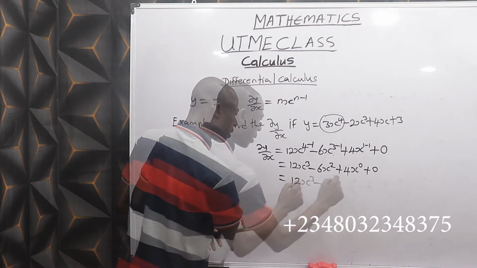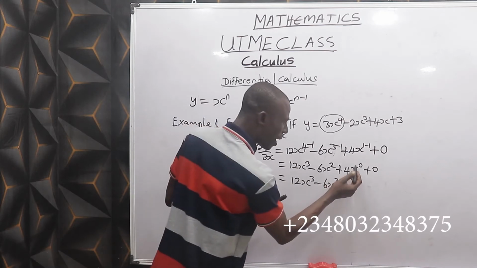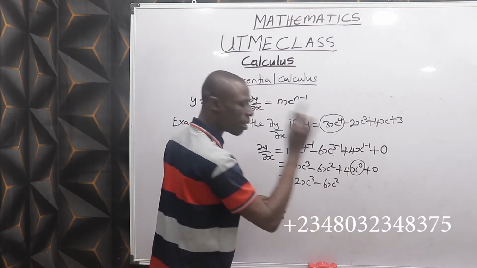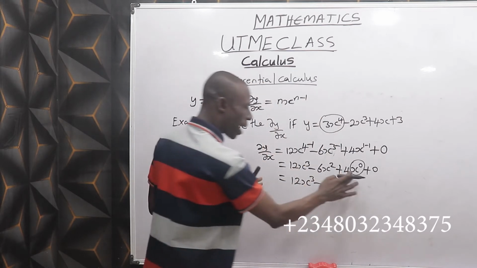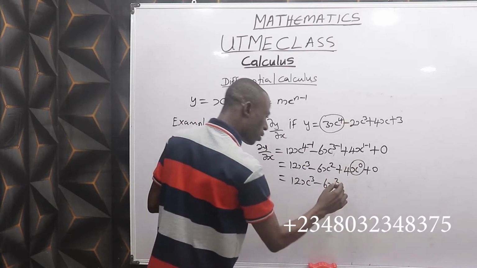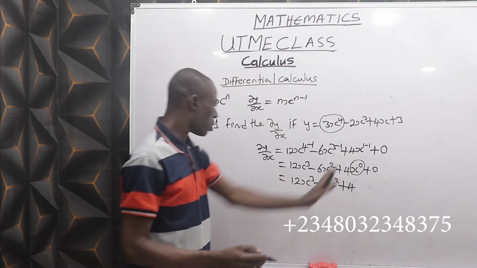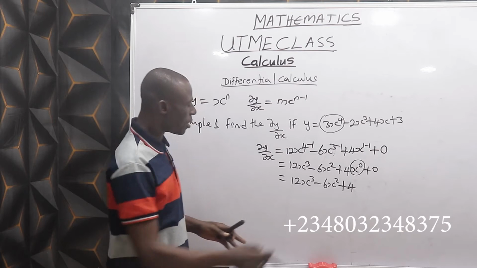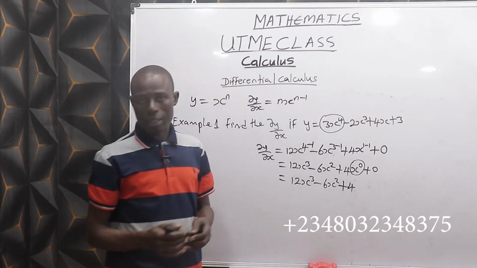And don't forget that in indices we say anything that is raised to power 0 is 1. You can see that this variable x alone carries the power 0, and that makes it become 1. So x raised to power 0 is 1. 1 times 4 is 4. That's why it is 4. Plus 0 is just like that. And this is the result. This is the derivative of this, and that is the dy/dx.